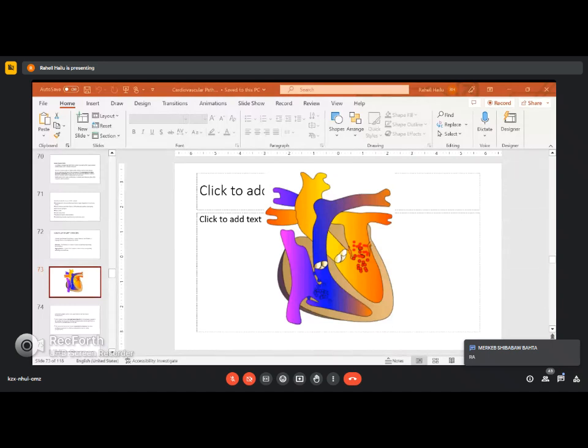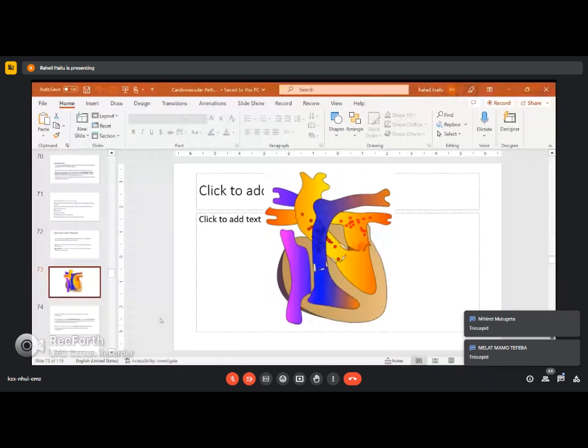So what is the valve between the right atrium and the right ventricle? That appears to be stenotic. Tricuspid valve. Okay, thank you.